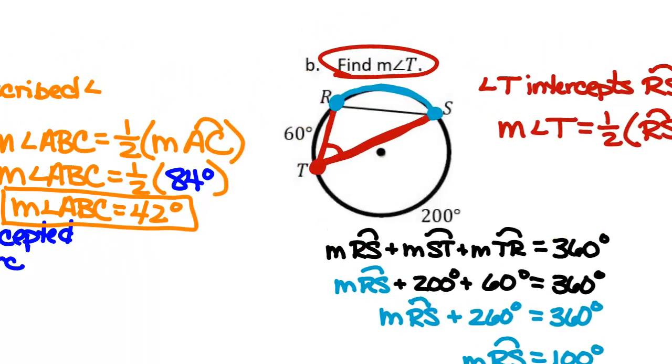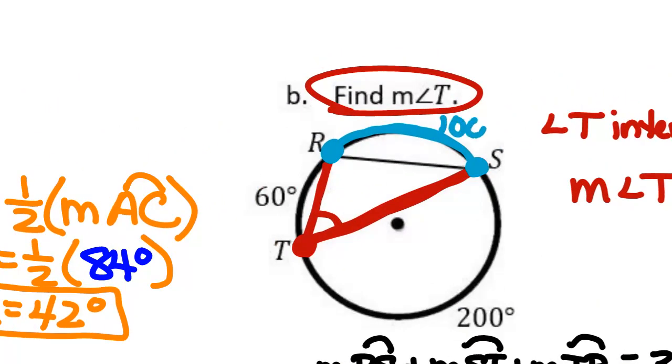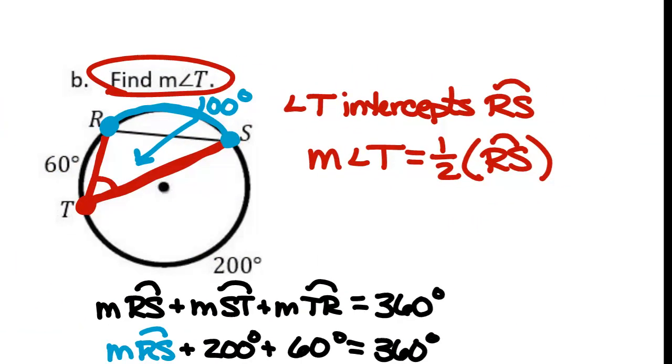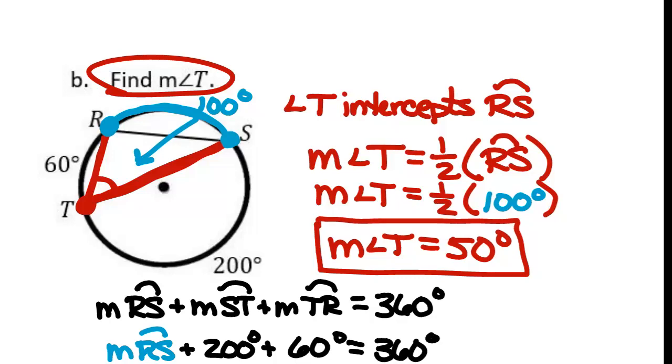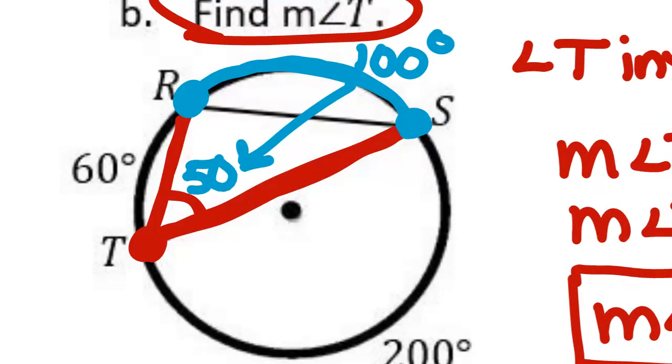So I'm going to add that to my picture. This is 100 degrees. And this angle back here, you told me, is half of that. So the measurement of angle T equals half of 100 degrees. And what is half of 100 degrees? 50 degrees. So angle T is 50 degrees. The angle is half of the arc.